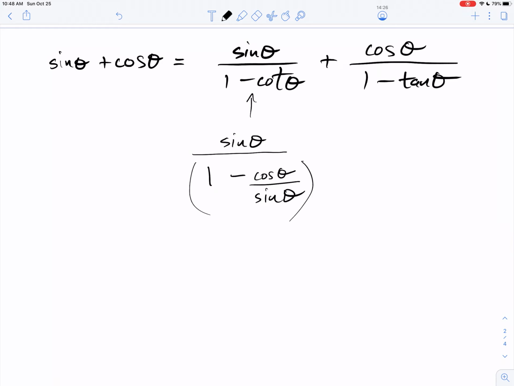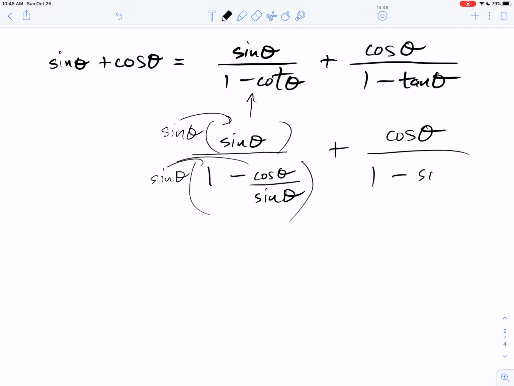Rather, it would be so much easier to just take the whole top part and the whole bottom part and multiply it by sine theta. If I do that, I'm going to end up with something I can use. The same thing's going to go over here. Here's my hint. Treat it like a double fraction.